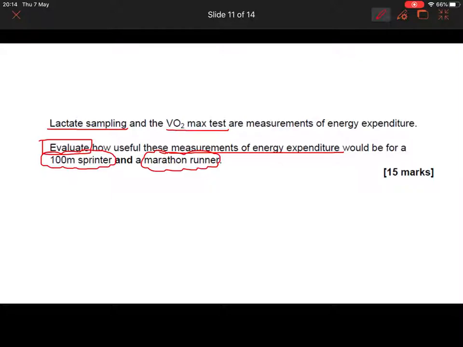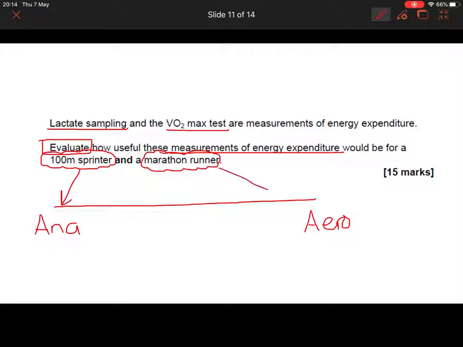So, if we were looking at a continuum of aerobic and anaerobic, and we were saying that this end of the continuum was anaerobic and this one was aerobic, you'd probably put the 100 metre sprinter at this end and the marathon runner this end.